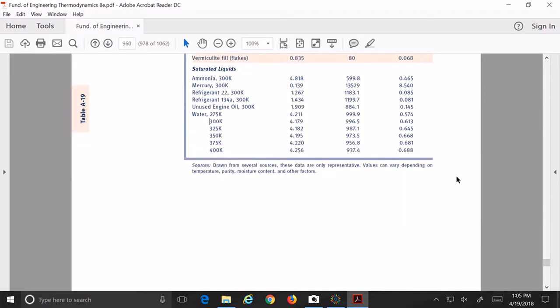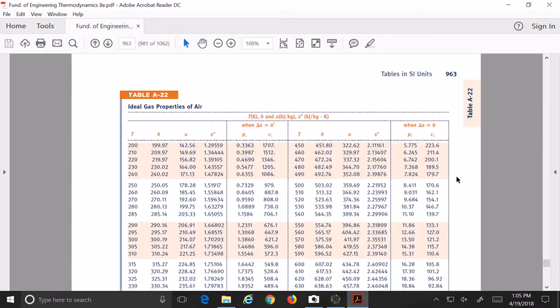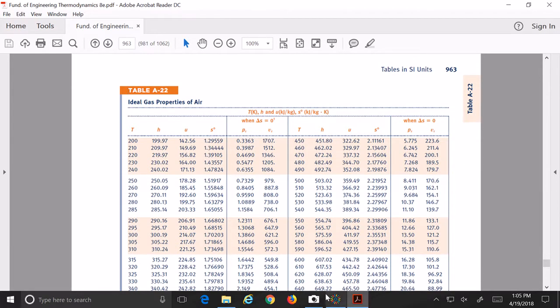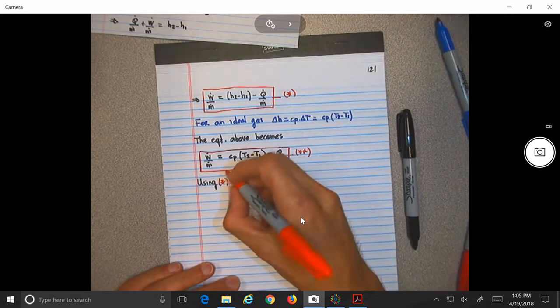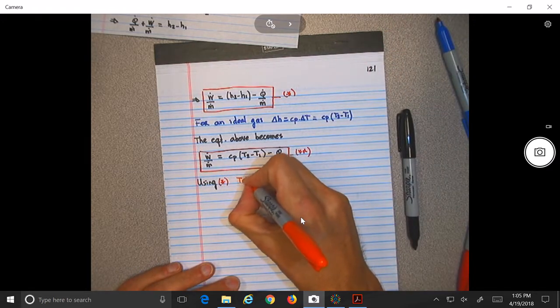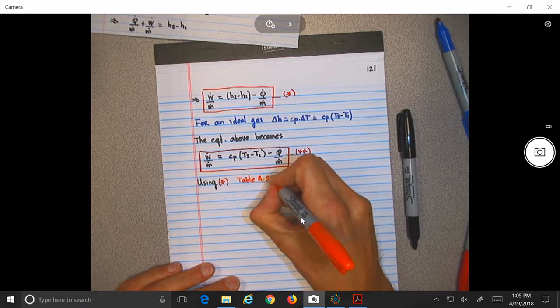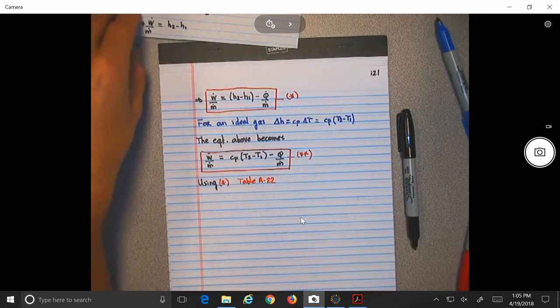Maybe from here I can go one by one. 21, 22. So this is table 822. So write down on this one table A22.